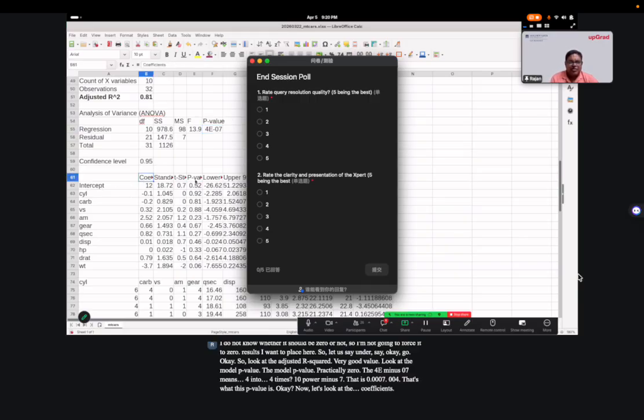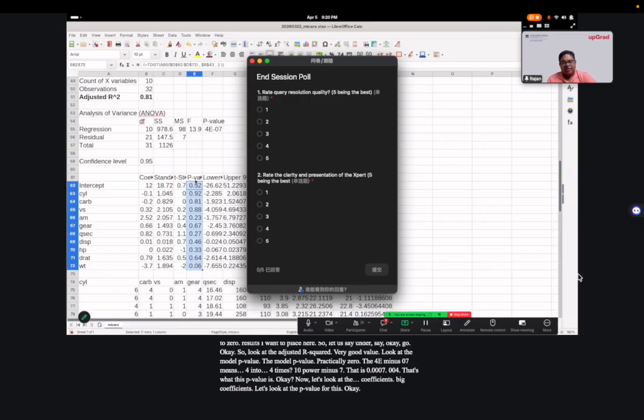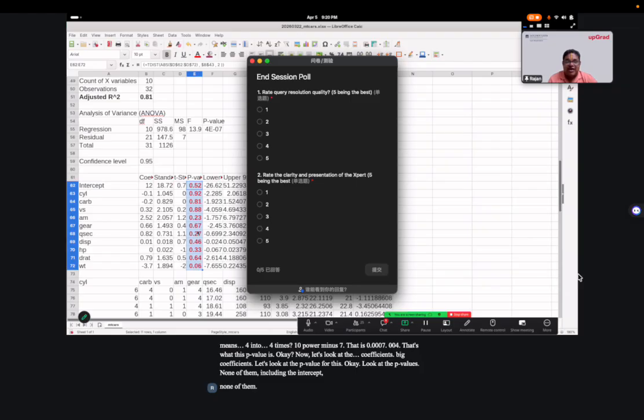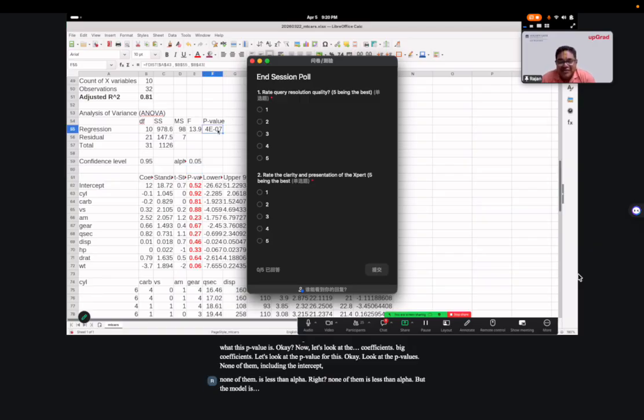Let's look at the p-values. None of them, including the intercept, is less than alpha. But the model is good.